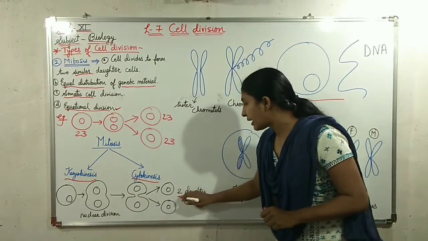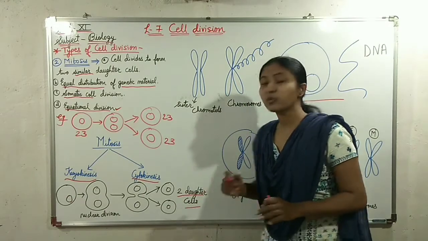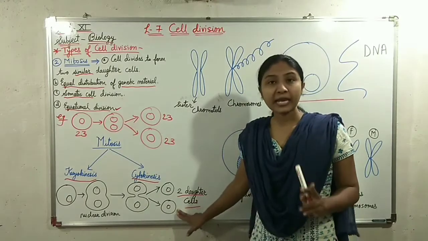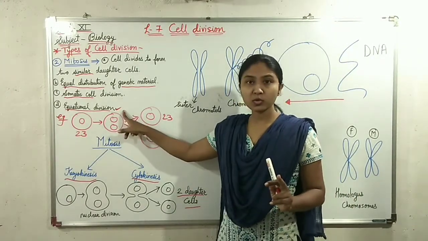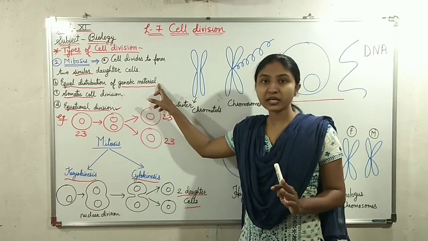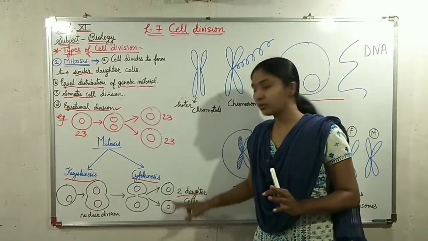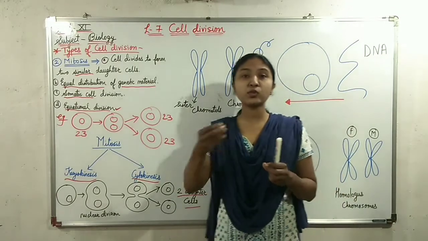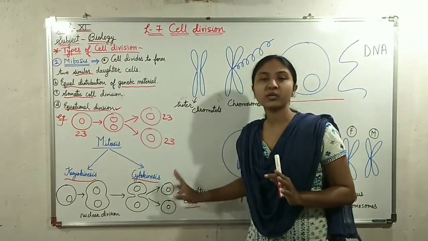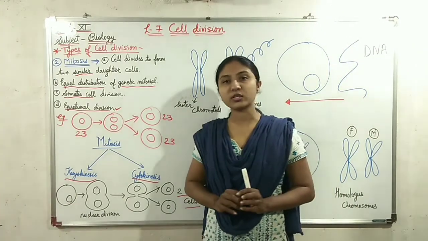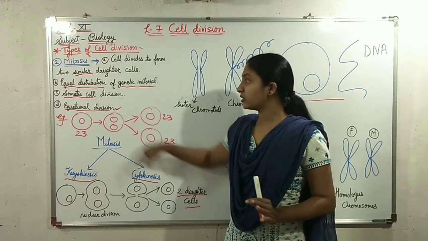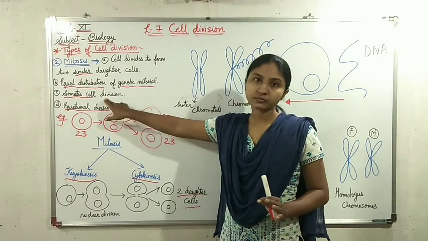So at the end of mitosis, we get two new daughter cells, which have an equal number of chromosomes and the same genetic material, that is DNA. They have two separate nuclei, and this type of division occurs in the somatic cells.